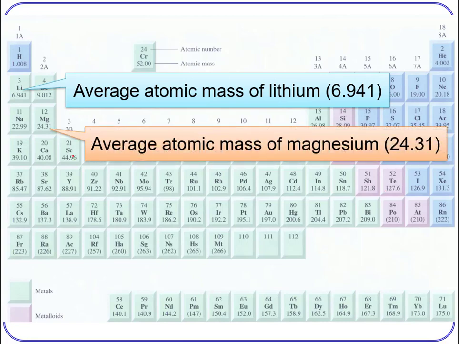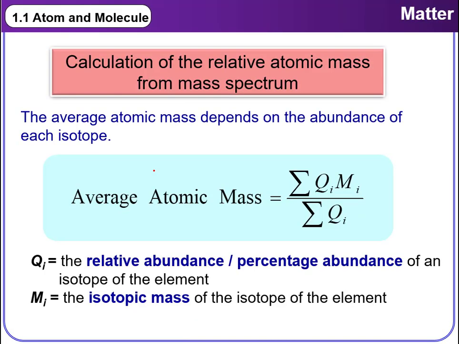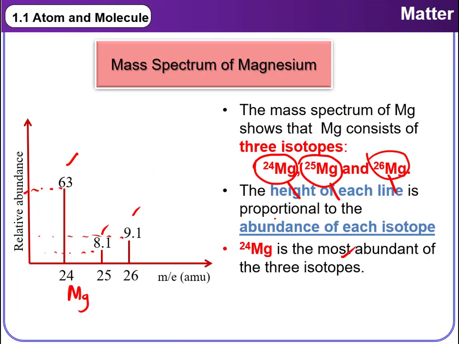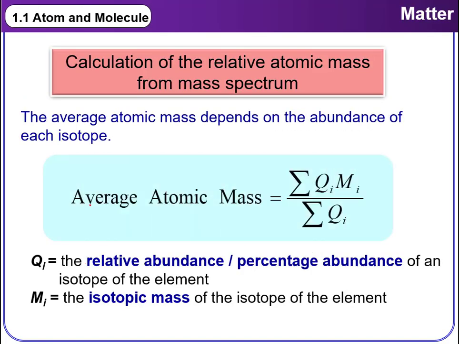Nilai 24.31 ini kita nak ambil from magnesium 24, magnesium 25, or magnesium 26? Nak ambil daripada magnesium yang mana satu? The most abundant? Nak ambil yang ni ke? Tak. We have to consider the average. Kita kena adil lah. Kena ambil average.